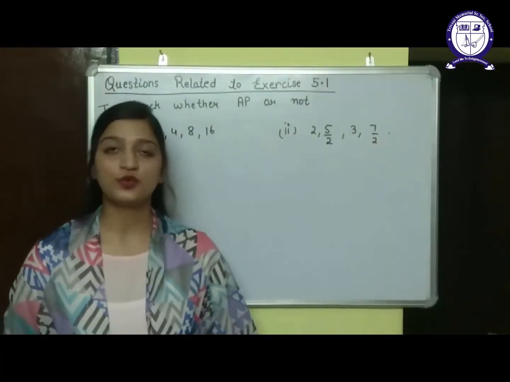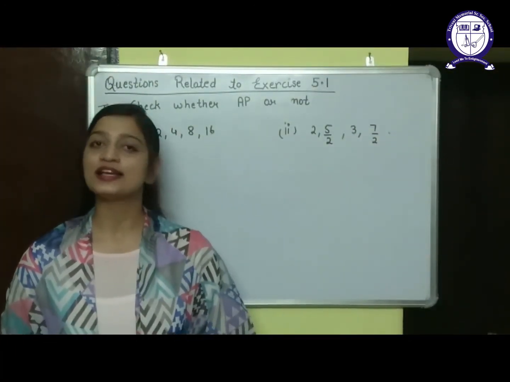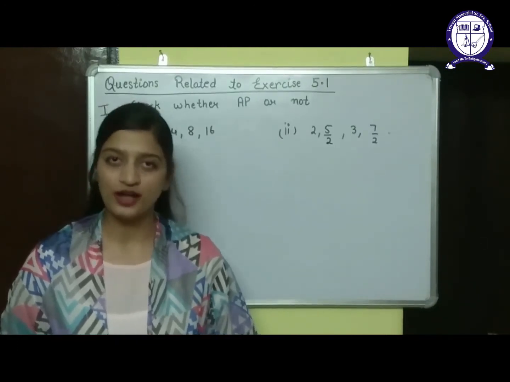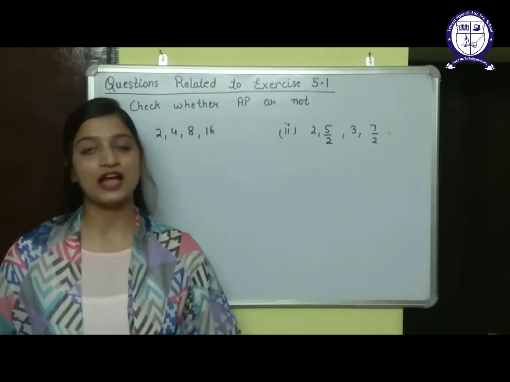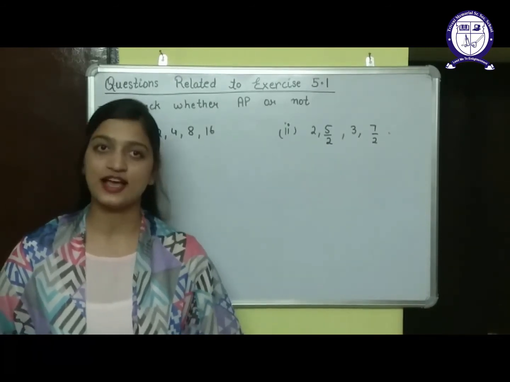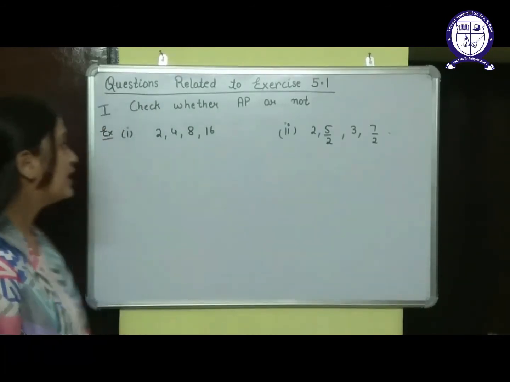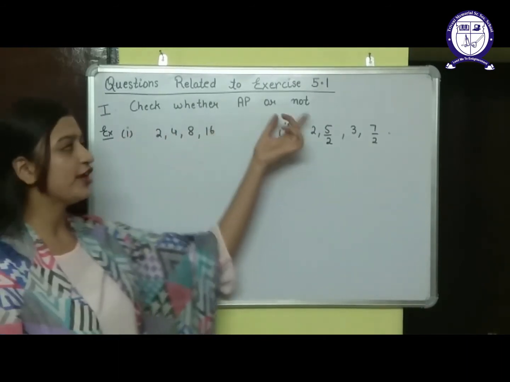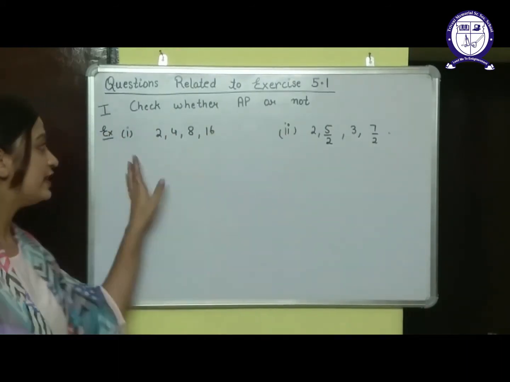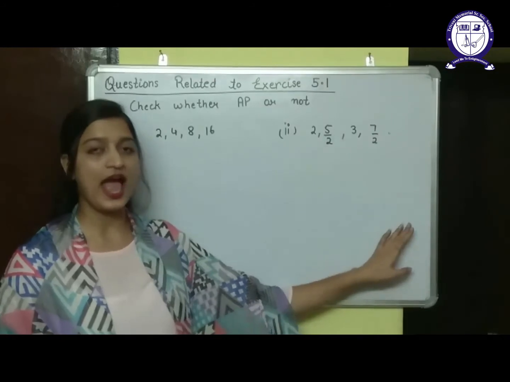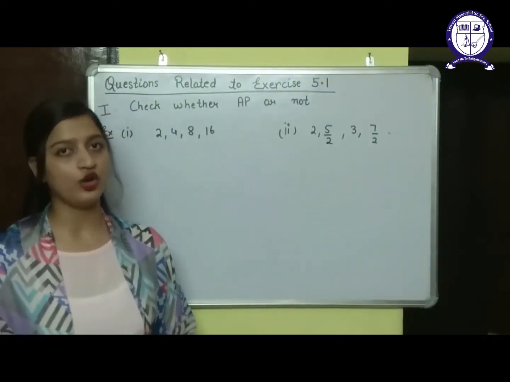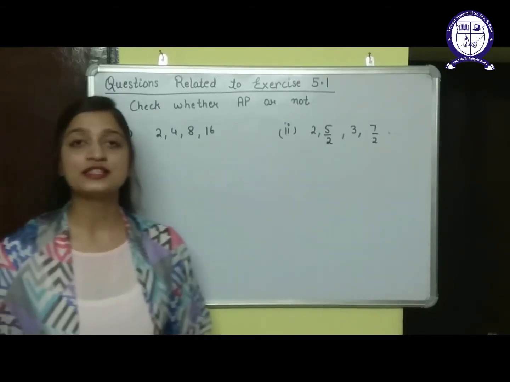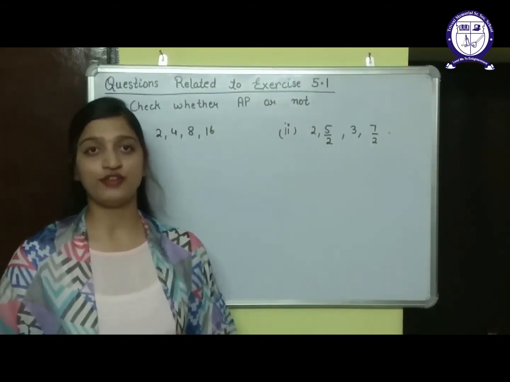Now let's do some questions that are related to our exercise 5.1. Okay, so there are basically three types of questions that are asked in this exercise. So the first one is check whether AP or not. That is, a sequence will be given to us and we need to show whether it's an AP or not. Now always remember the definition of AP.